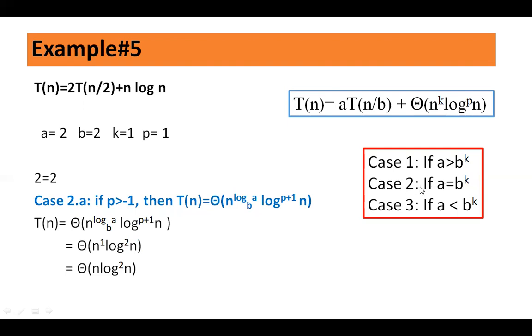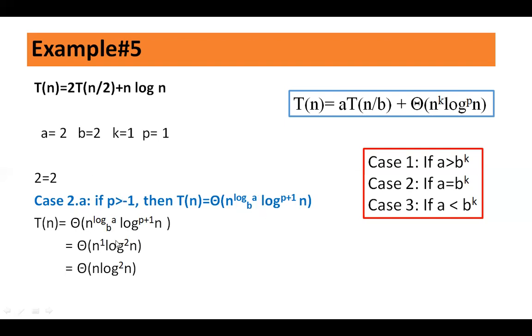That is case 2. So again in case 2, depending on the value of p, you apply the 3 sub cases. So here again it will be case 2.a. Why? Because the p value is greater than -1. The p value is 1 here, that is greater than -1. So what is the solution here? Theta of n raised to log a to the base b, log raised to p plus 1 n. So just substitute the values of a, b and p.